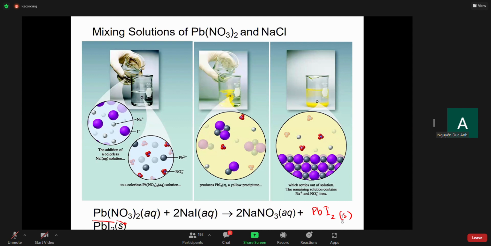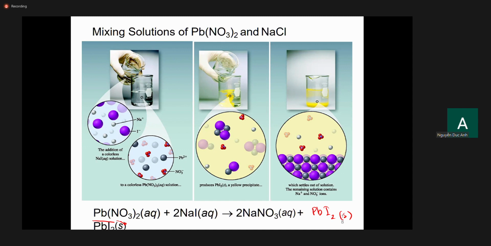So the process happens like this: you put lead nitrate dissolved in aqueous solution with sodium iodide, okay, and then you will generate a solid of lead iodide.